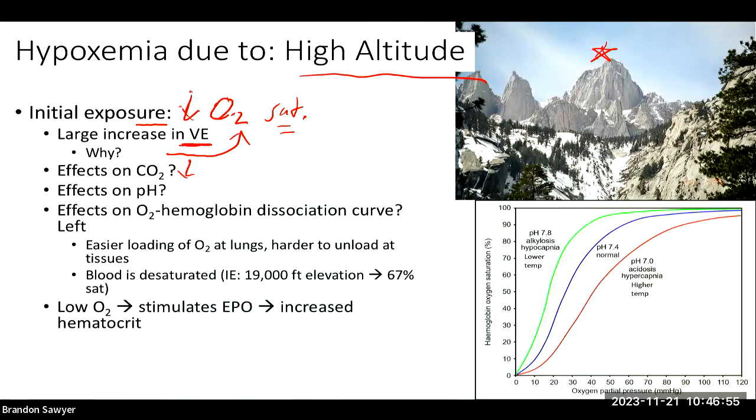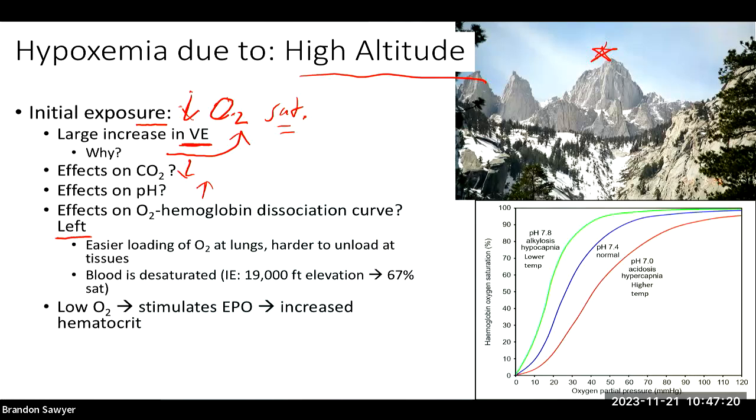Which way would that change your pH? Up, yes: hydrogen down, pH up. So if we've got low CO2 and low hydrogen ion concentration, what kind of shift in the curve do we get, left or right? Yes, we get a leftward shift of the curve.